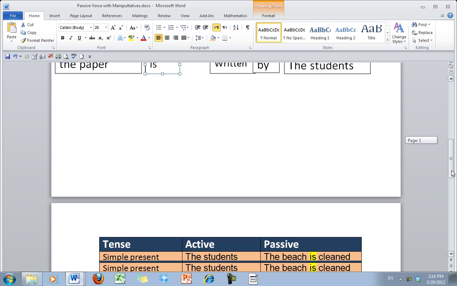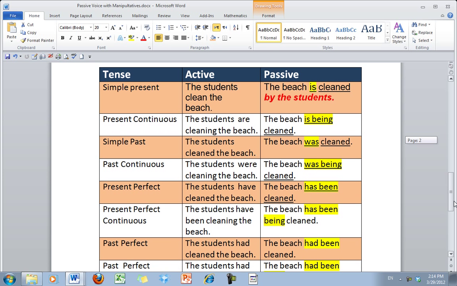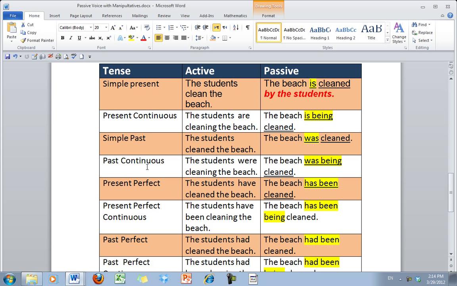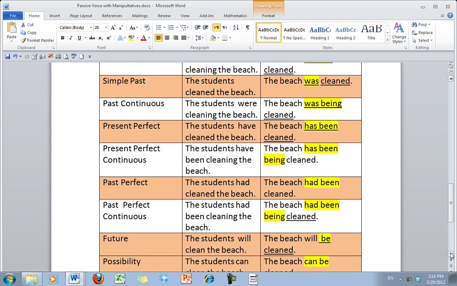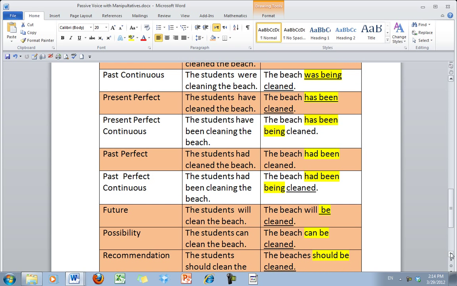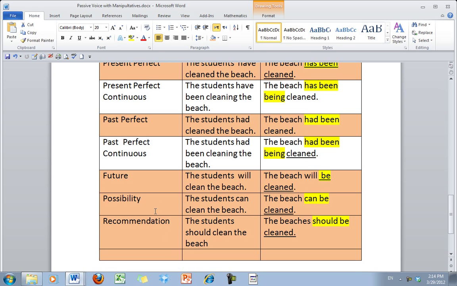For example, if we look here, we see that all the tenses can be represented in passive voice, from simple present, present continuous, simple past, past continuous, present perfect continuous, past perfect continuous, future, and, for example, possibility and recommendation.